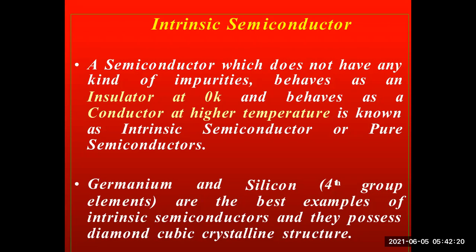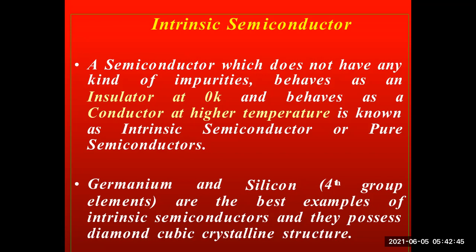So what is happening to this element when the temperature is 0 Kelvin? Now the question arises: why are we not going for Celsius, right? Since this semiconductor will have a different character at low temperature, that is the reason we are confining our study to Kelvin.